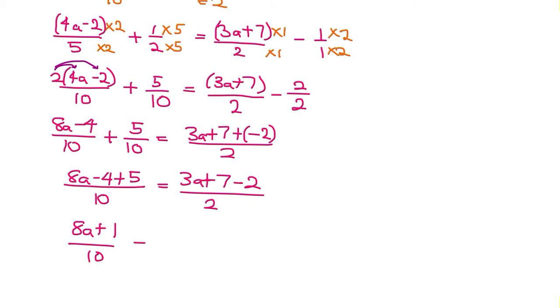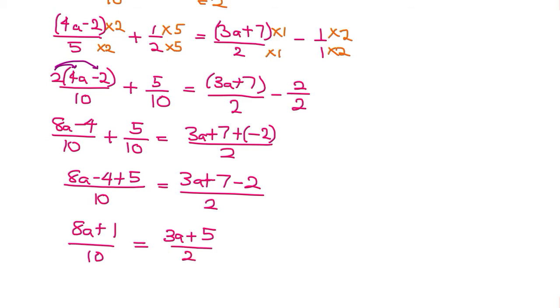And on the right side we have 3a plus 7 minus 2. We have the like terms to be positive 7 minus 2. So 3a positive 7 minus 2 gives us positive 5 over 2.